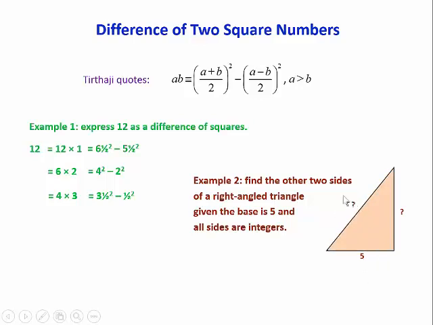It's this squared minus this squared. So we need to express 5 squared, 25, as the difference of two squares. First of all, we write it as a product, 25 times 1. And then we apply our formula. We get 13 squared minus 12 squared, and it's the only solution.